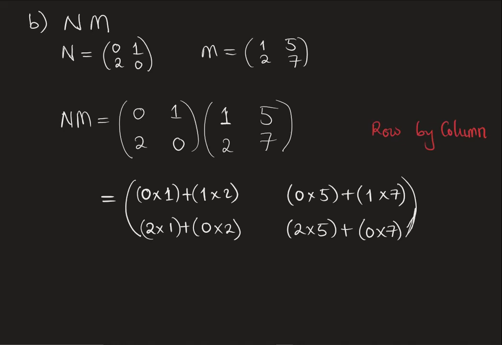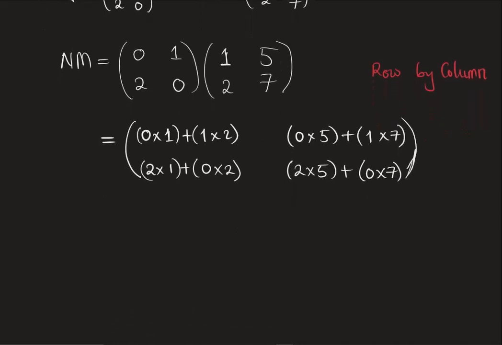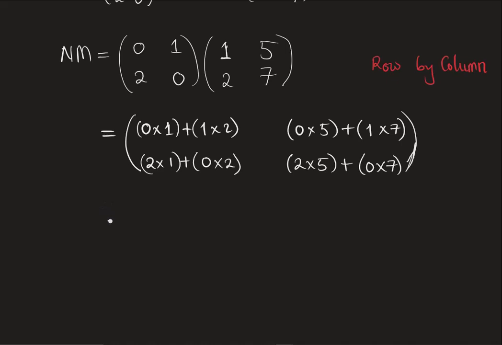This is going to be our kind of final answer, but we need to simplify it. Everywhere we have 0 multiplied by something gives us a 0. So we have a 2 there, we have a 7, we have a 2, we have a 10. So the introduction of a 0 in the matrix made us a bit quicker.